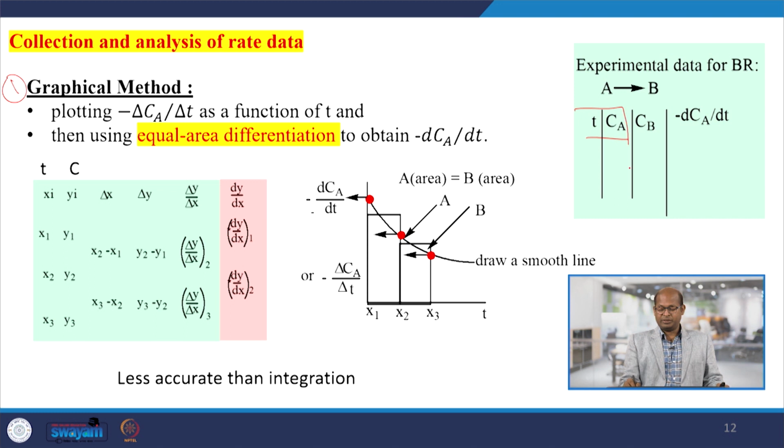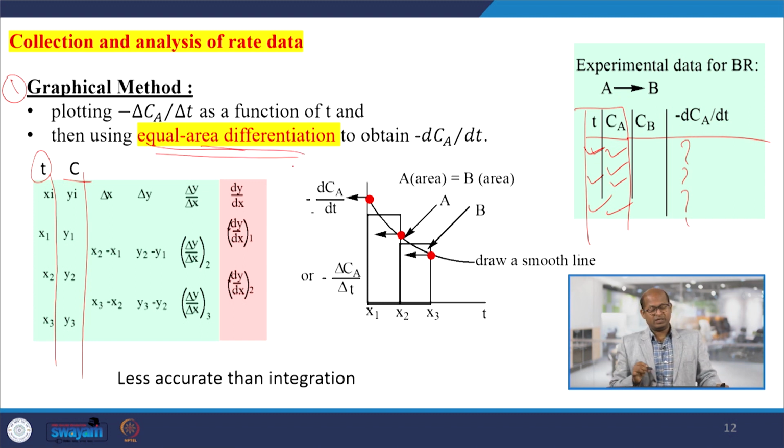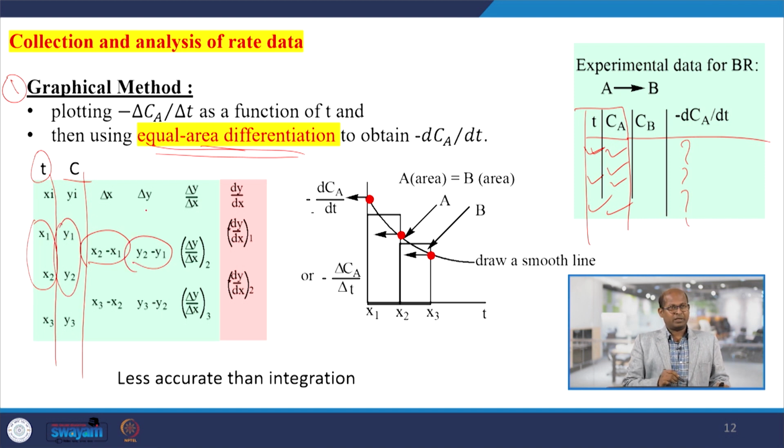We have these two data sets, time against concentration, and now we have to find the rate. At different times, we can write these data points as xi, yi, with concentration as yi. Here we take equal-area differentiation. So x1 minus x2 gives delta x, and y1 minus y2 gives delta y, from point 1 and point 2.